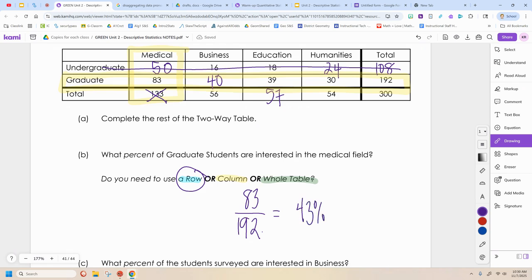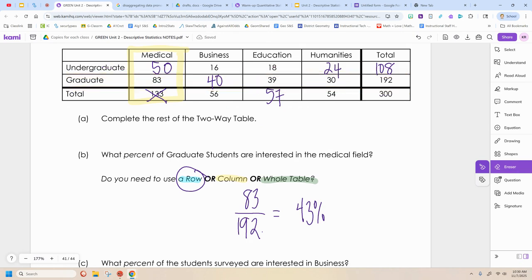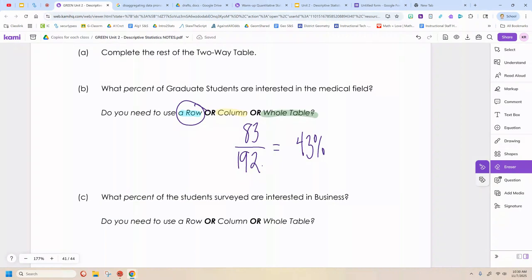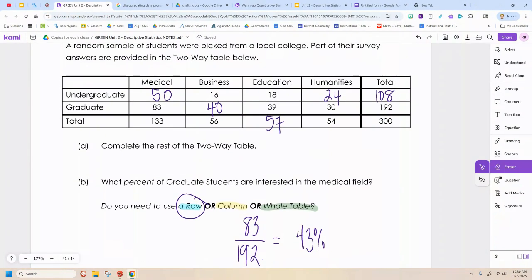Okay, great. So now I'm just going to quickly do some erasing. There we go. Cool. All right, so the next one. What percent of the students surveyed are interested in business? Okay, so I know I need the business area. And right now I'm going to do all, so what percent of the students?